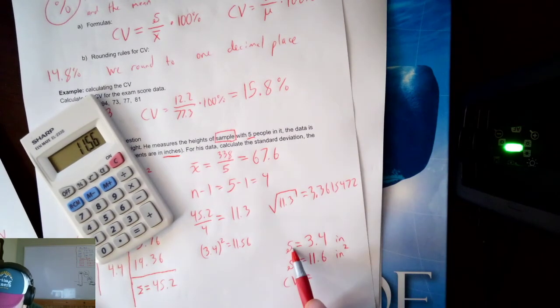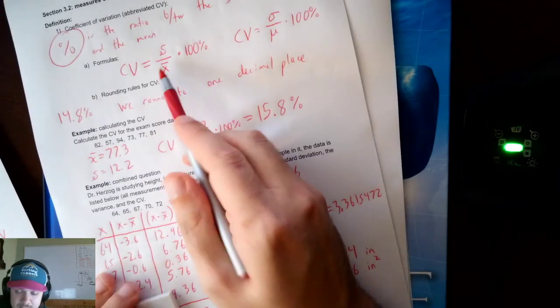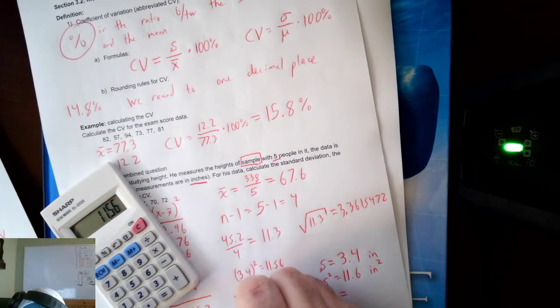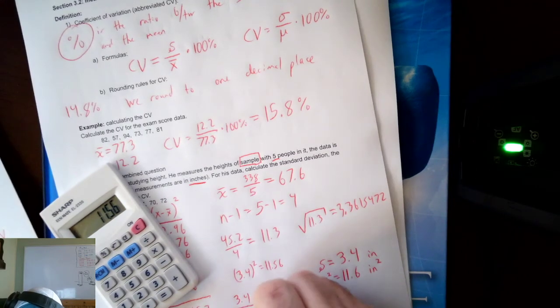So I got the standard deviation and the variance. Now I need the CV. Remember the CV, look up the formula right up here, is s, 3.4, over 67.6 times 100%, right?